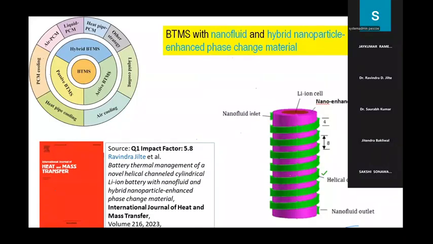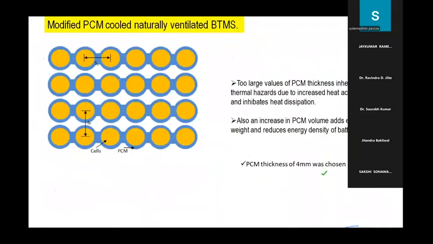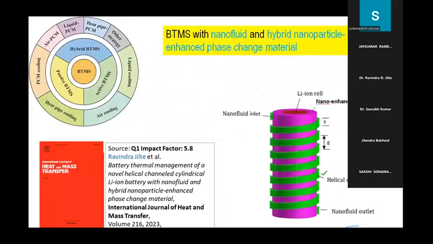The way we have taken so many batteries, we can also think of taking a single battery and providing the cooling solution. For example, in this case, the article we published in 2023 in the International Journal of Heat and Mass Transfer, again a Q1 journal with an impact factor of 5.8.